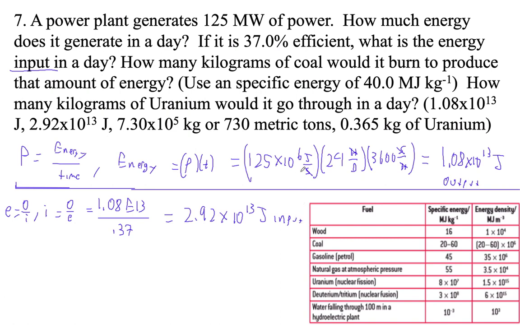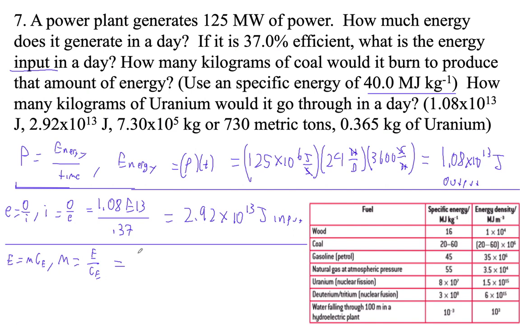Okay, so we got that. How many kilograms of coal would you burn? So let's figure this out. Well, the energy is the mass times the specific energy. So the mass is the energy divided by the specific energy.